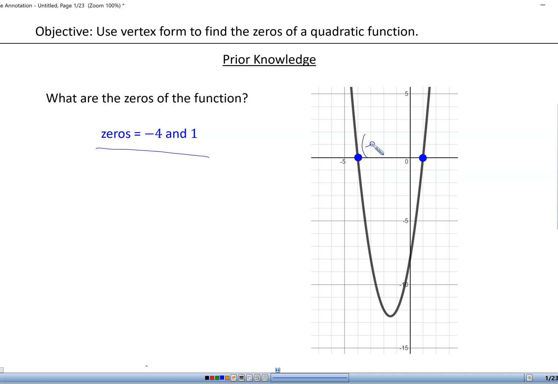And so they do have ordered pairs that have a y value of 0. We don't write them this way because the x value is by definition what we call the zero of the function. They produce an output of 0 for the y value. That's important because that's going to give us how we begin our problem, using that concept.